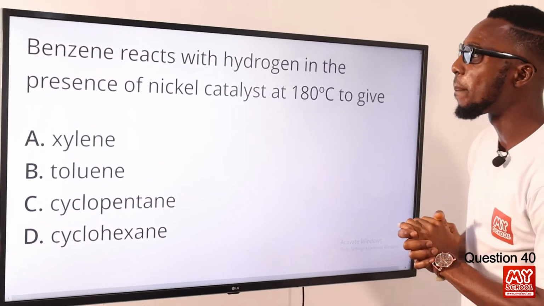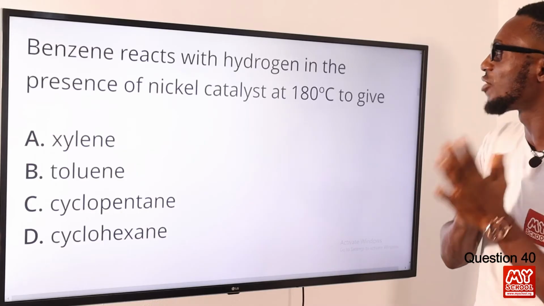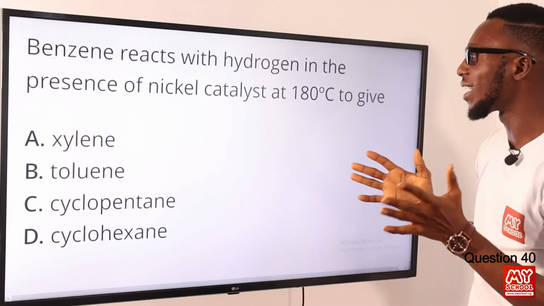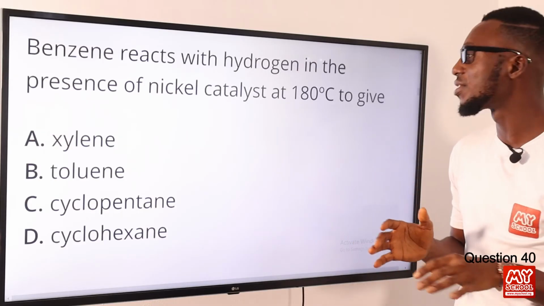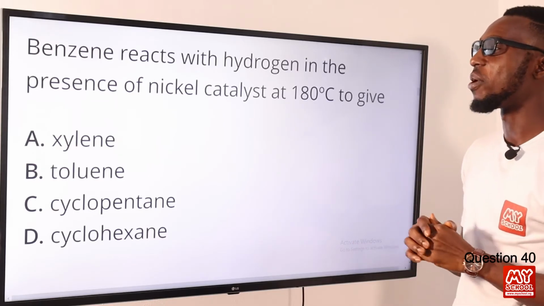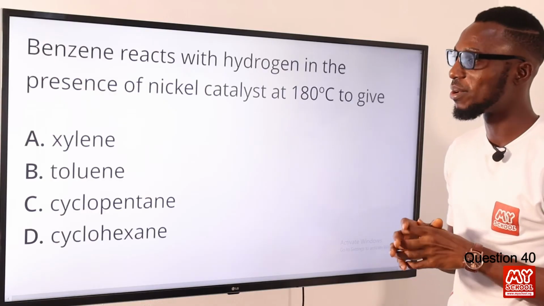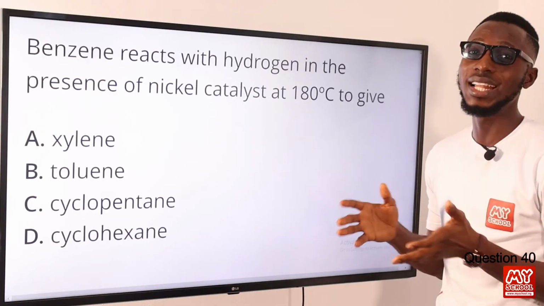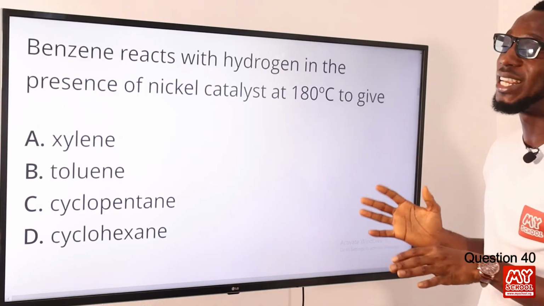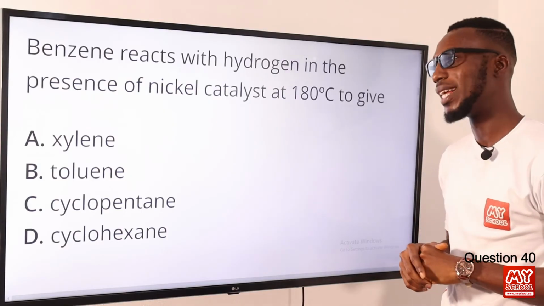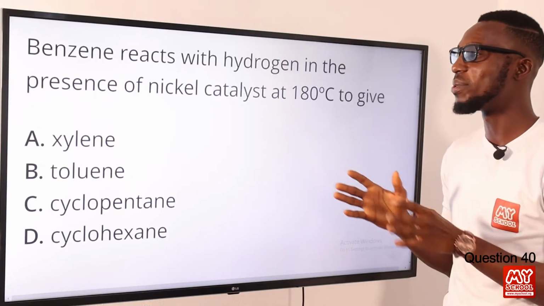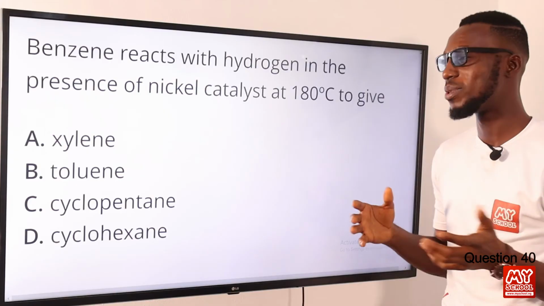40. Benzene reacts with hydrogen in the presence of nickel catalyst at 180 degrees Celsius to give what? We know that benzene is an aromatic compound. You can get it from destructive distillation of coal, and it has a sweet smell.